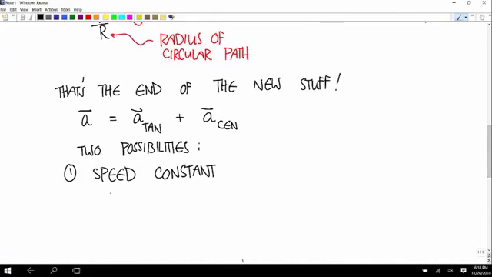In that case, the total acceleration is just equal to the centripetal acceleration because the tangential is 0. This is called uniform acceleration.